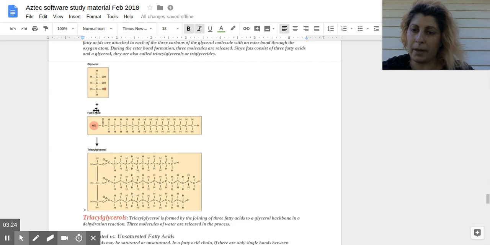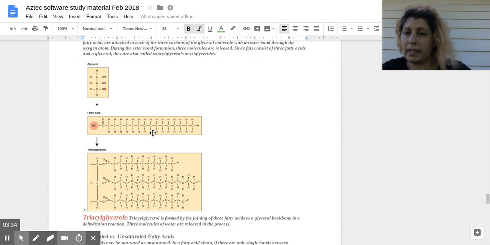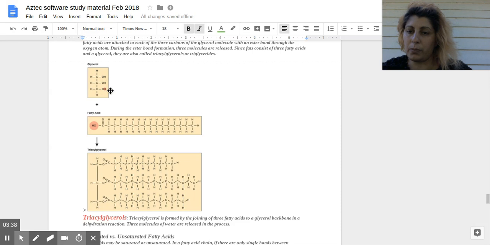So again, a fat molecule, a triacylglycerol for example, is formed by joining three fatty acids to a glycerol backbone via a process called dehydration. The combination of the glycerol, which has OH groups, and the fatty acid, which has an OH tip, results in water, or H2O, being released when these two combine.